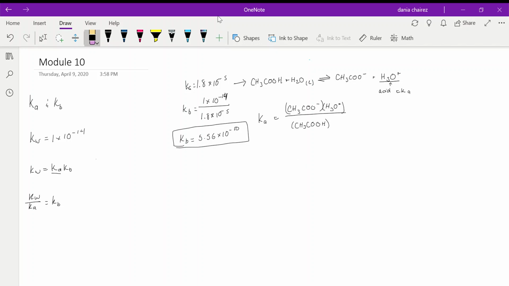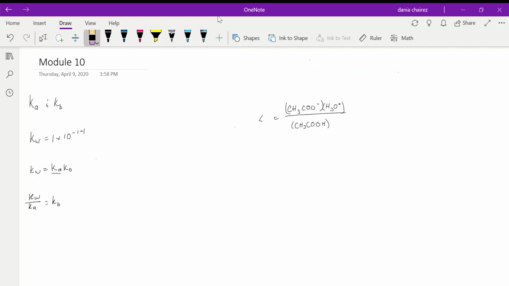So then with your weak acids and weak bases, you have this other thing called your pKa and your pKb, which sounds kind of familiar because it's like your pH and your pOH.